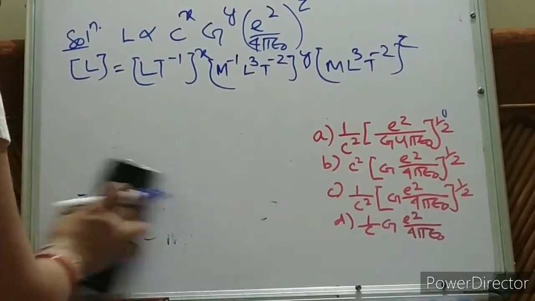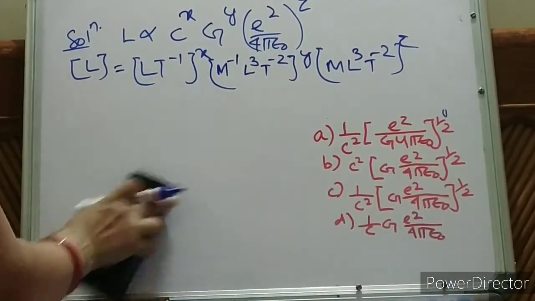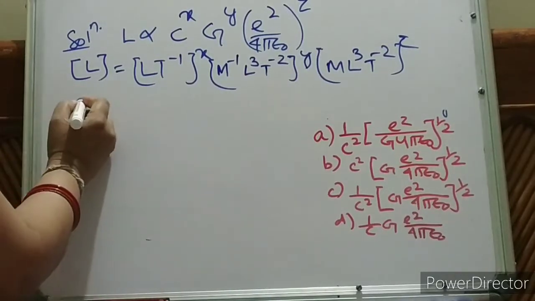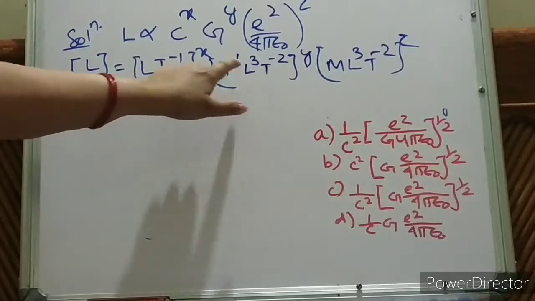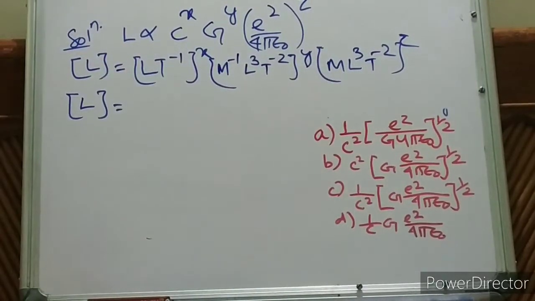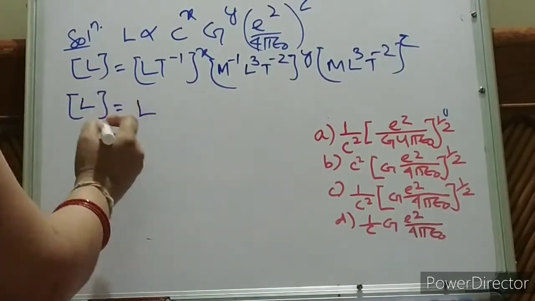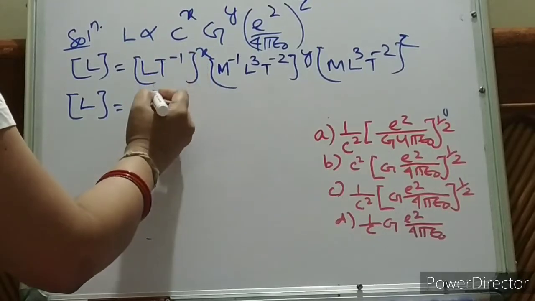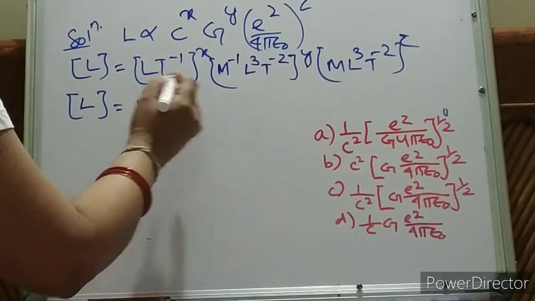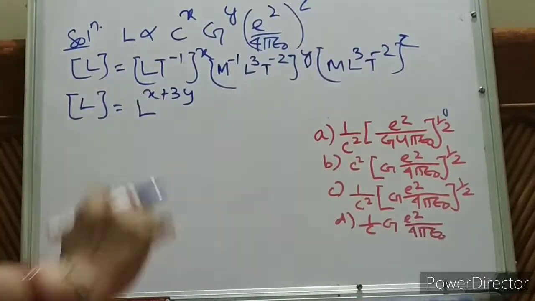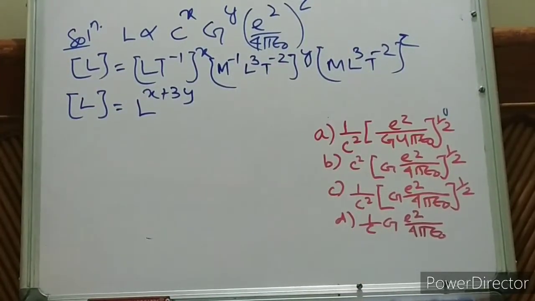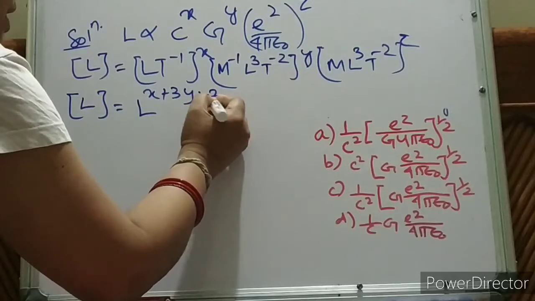So what we'll do now? This thing, you know, it is easy. The process, dimensional analysis: L over here, L over here, L over here. That means base same, so we have to just add the powers. So X, now 3Y, here 3Z. Okay, plus 3Z.